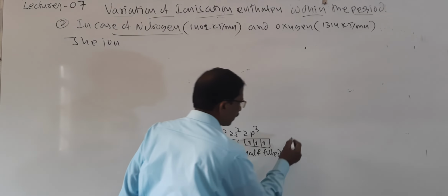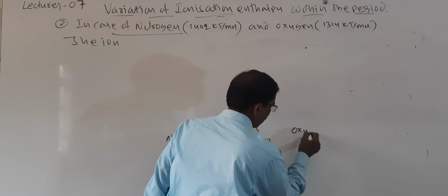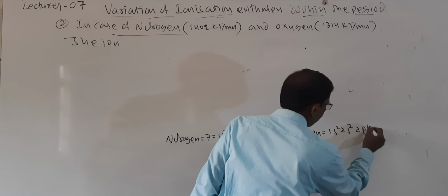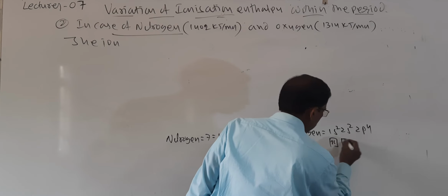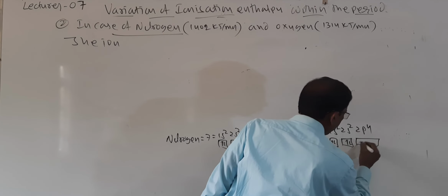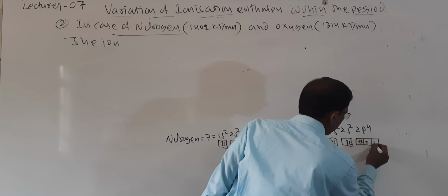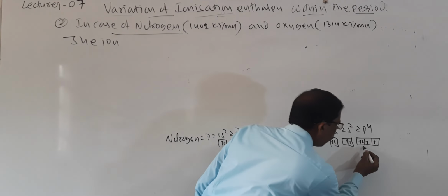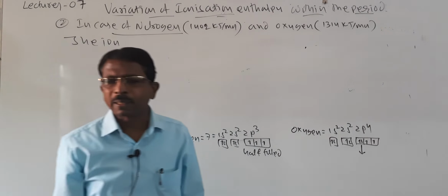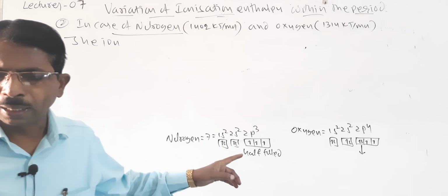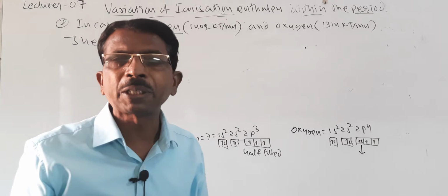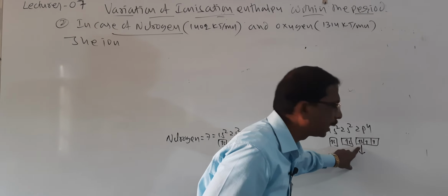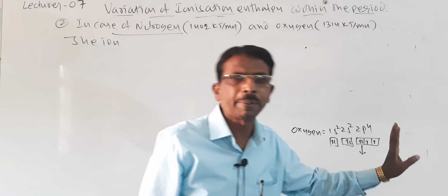And then what happens in case of oxygen? In case of oxygen, it is 1s2, 2s2, 2p4. Look here students, here the 2p orbital is partially filled, and in this orbital the increased electron-electron repulsion takes place, and this fourth electron can be easily removed.